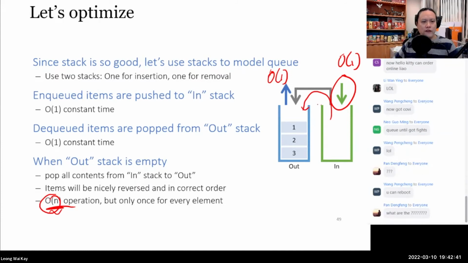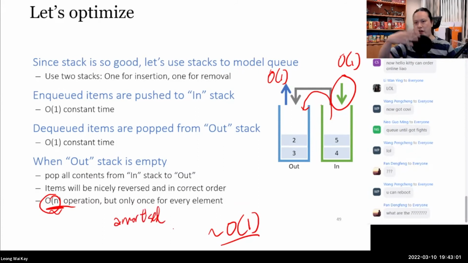So over a long time, or on average, this will become O(1). So you can put in and take out, and on average this becomes an O(1) operation. And they call it amortized, or on average.